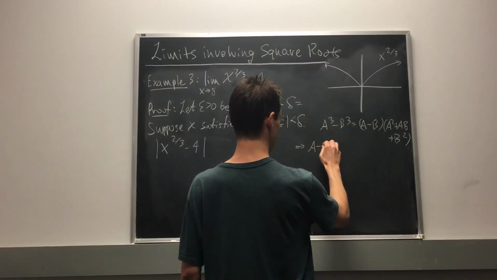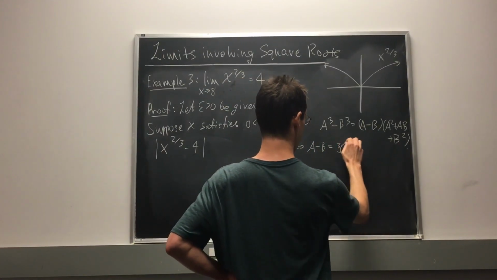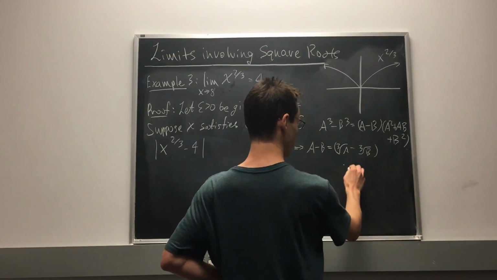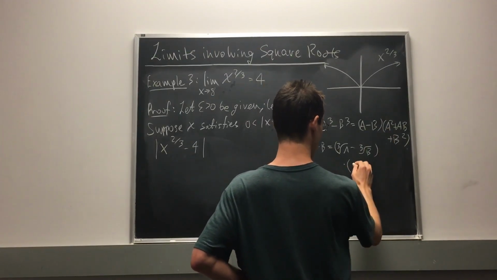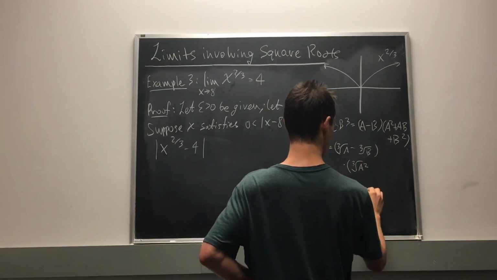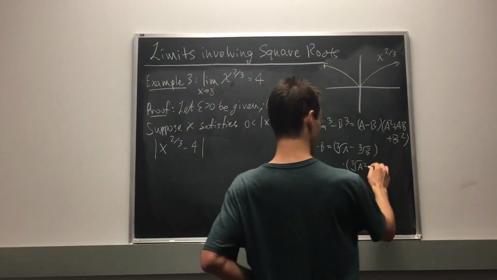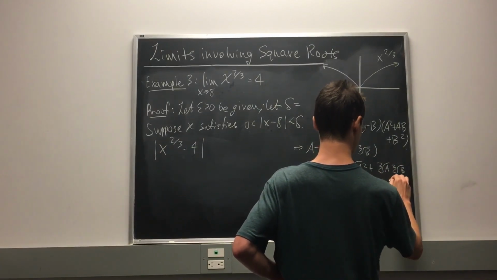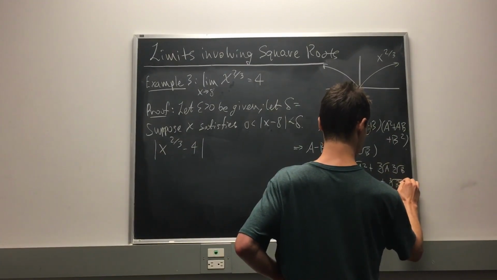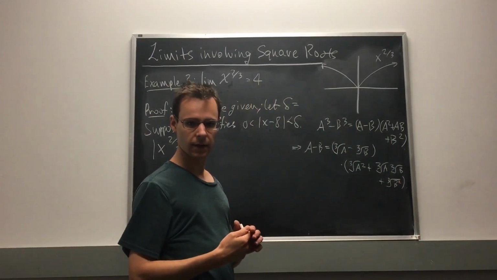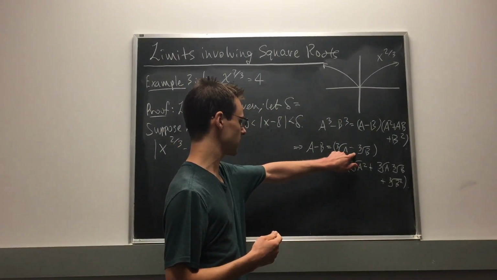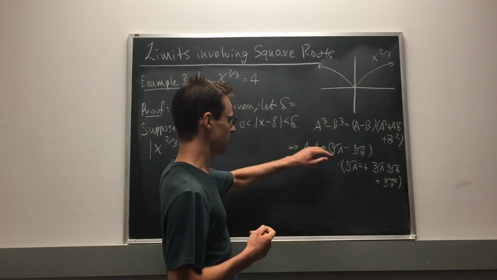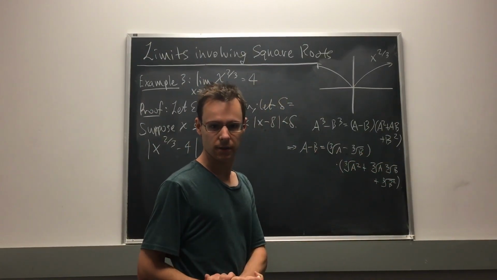We get that a minus b is equal to the cube root of a minus the cube root of b times the cube root of a squared, or a to the 2/3 if you prefer, plus the cube root of a, cube root of b, plus the cube root of b squared. Alright? So the difference of cube roots, cube root a minus cube root b, can be written as a minus b divided by all of that junk.